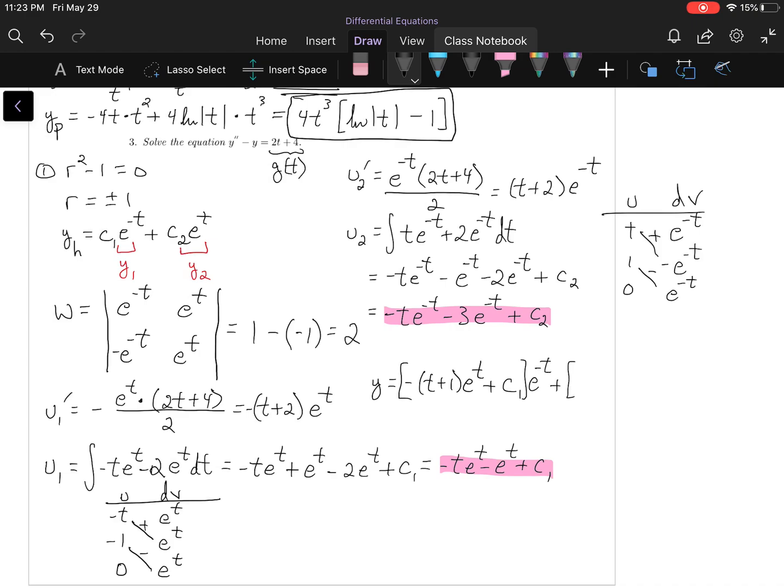plus u2, which is going to be negative t plus 3 e to the negative t plus c2 times y2, which is e to the t.